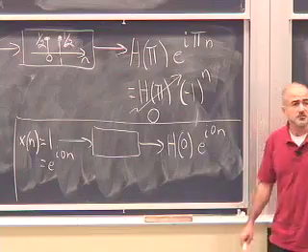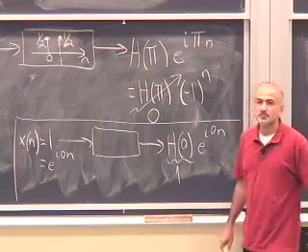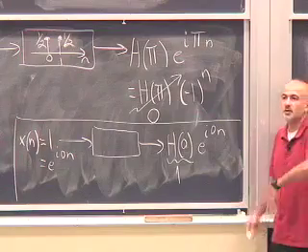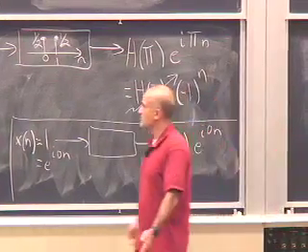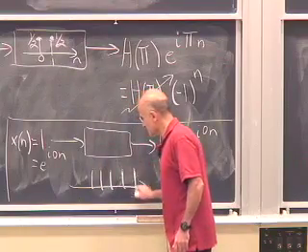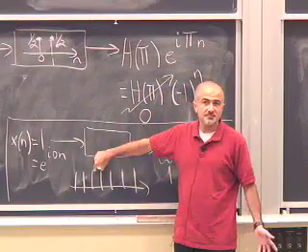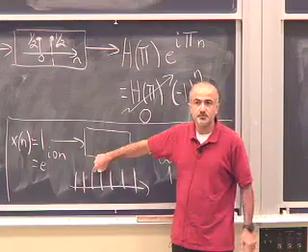And H of 0 is what? 1. So you send the constant signal in. Obviously, you'll get the constant signal out because it's doing the 2-day moving average of this. You take any adjacent days, you average it, you get the same thing back.